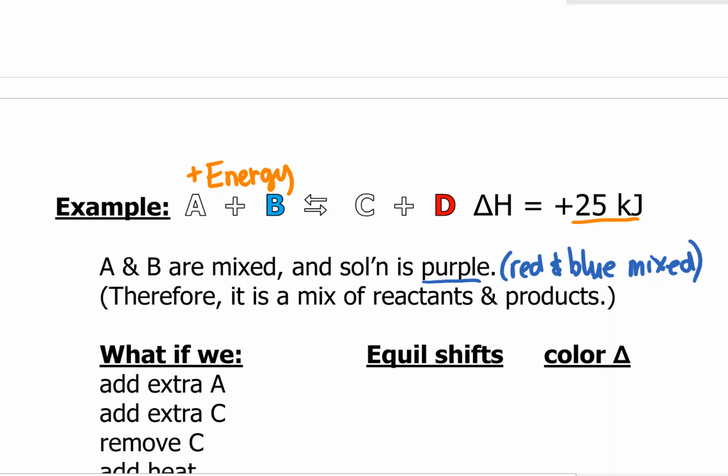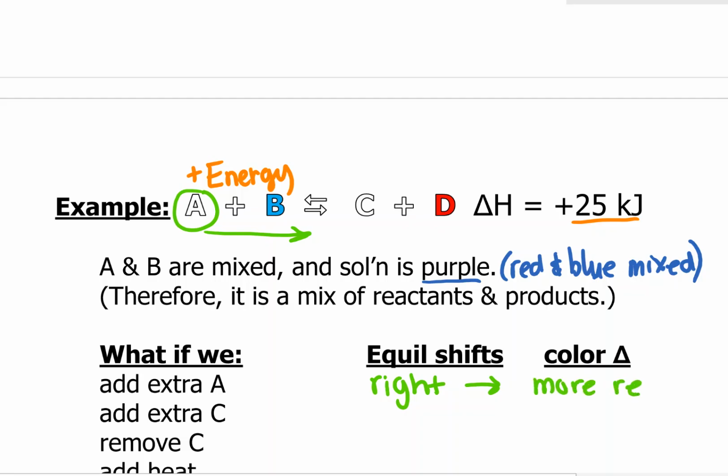Okay, so let's look at what happens in these situations. If I add extra A, it's going to shift equilibrium to get rid of that, so it'll shift to the right. And what will the color change be? Well, if equilibrium shifts to the right, we'll get more red.